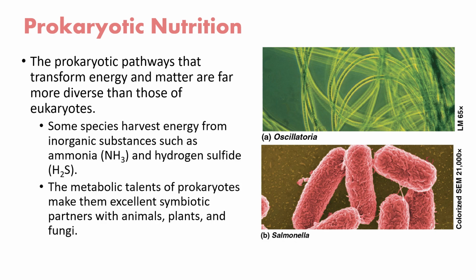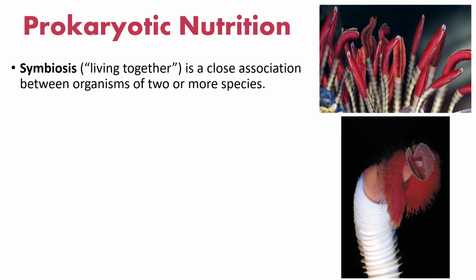Other organisms are going to have relationships with other organisms called symbiotic partnerships. And these can happen with animals, plants, and fungi. We have lots of bacteria that live inside of our stomachs that are symbionts with us. So we get mutual benefits from having them in us, and they get a benefit from being inside of us.